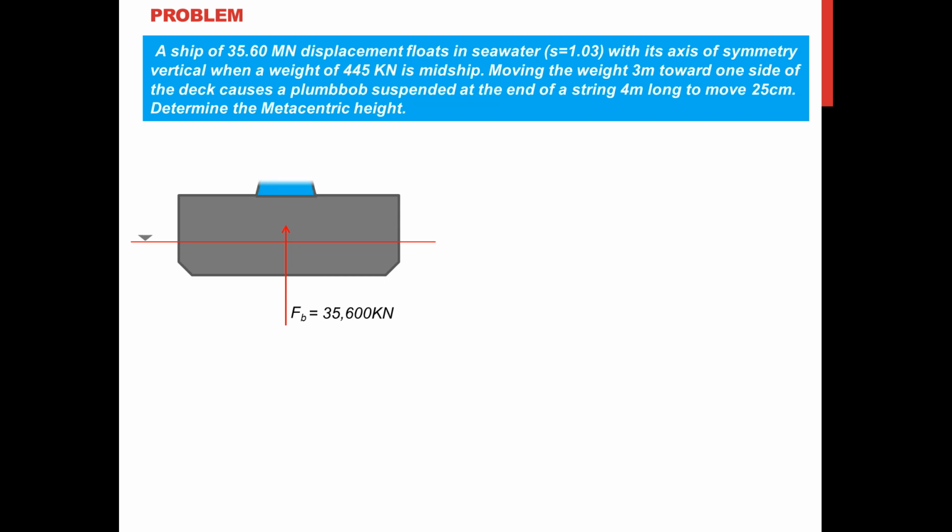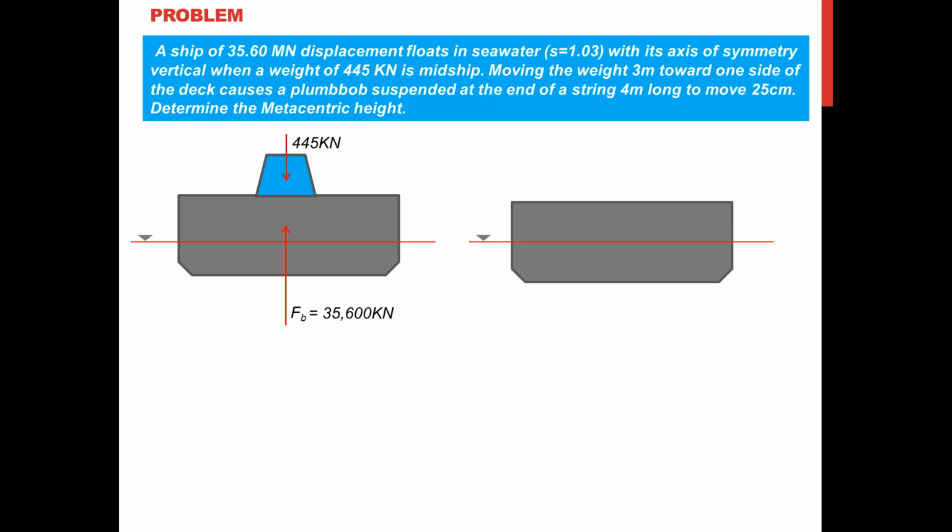In the upright position, we have the weight here equal to 445 kilonewton. Now, from the axis of symmetry, we are going to move that 3 meters along one side. So with that, this could imply a couple.